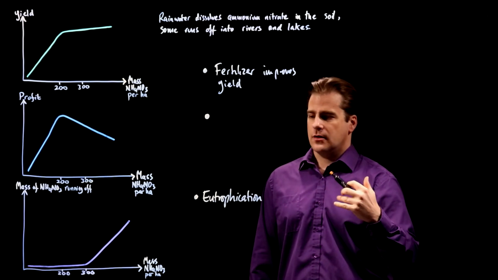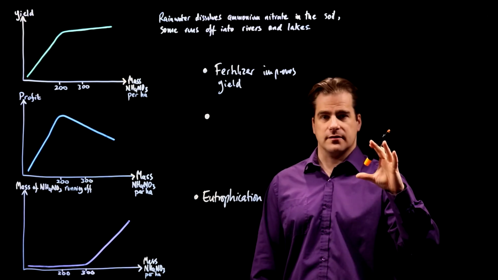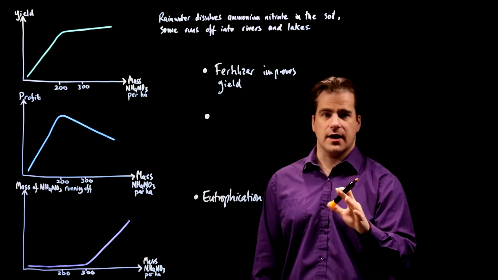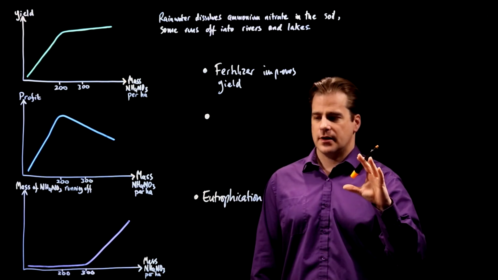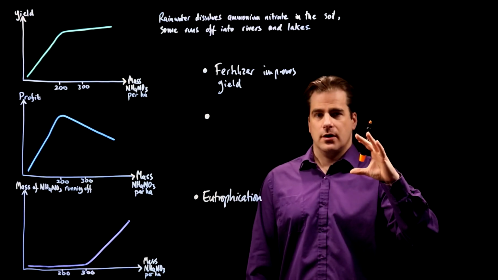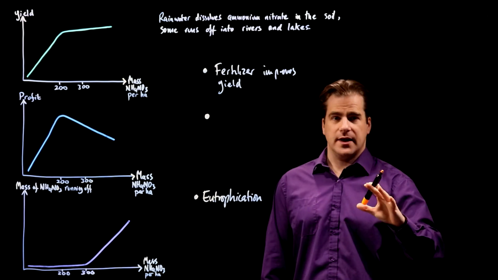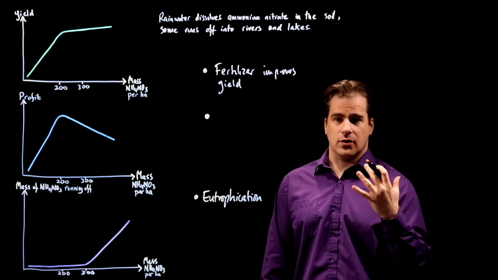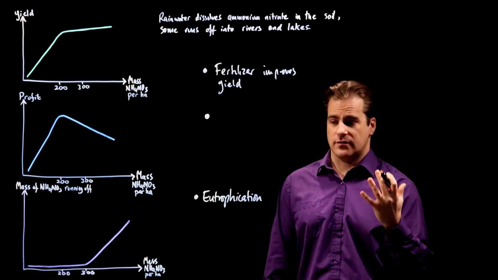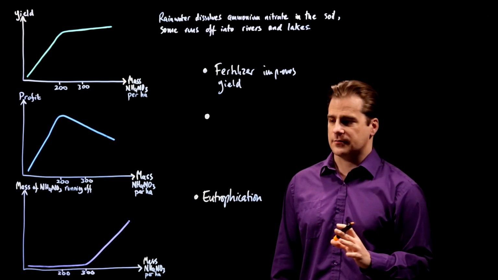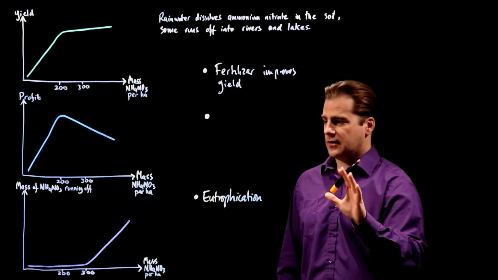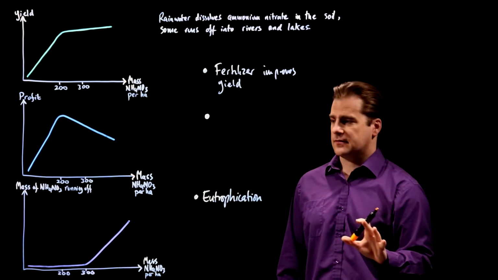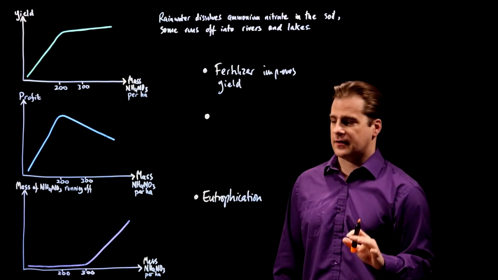Eutrophication is what happens when too much fertilizer runs off into rivers and lakes. It leads to the oxygen being depleted in the water and aquatic life dying because of low levels of oxygen. And that's clearly very bad for the environment. So say that in this mini essay question.